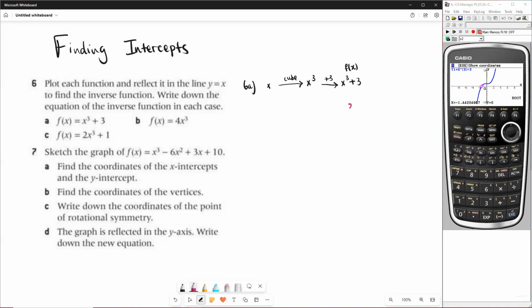So we're going to take x, subtract 3, that gives you x minus 3. Then the inverse of cubing is to find the cube root, right? That would be the cube root of x minus 3. So what we're saying here is the inverse is going to be the cube root of x minus 3.